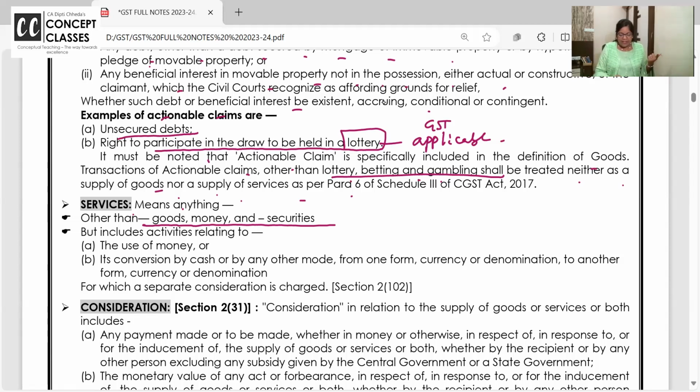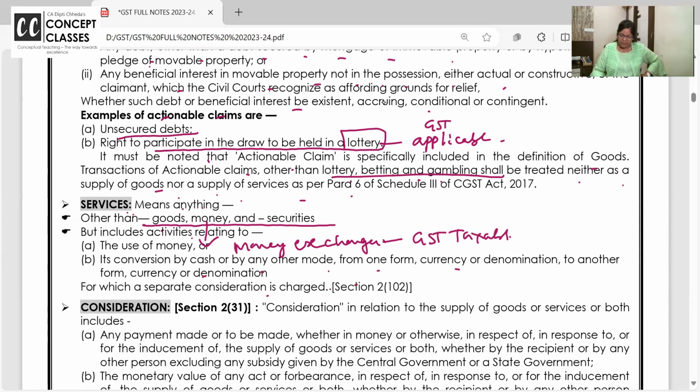So they say services means anything other than goods, money and securities, but includes activities relating to money. I told you, if you want, you can write money exchanger. Write it down. After 2 days, you may forget my example, but the notes are written. Dipti ma'am said this. Money exchanger, GST, taxable. Conversion by cash or other mode, one currency to another and all, for which separate sub taxable.